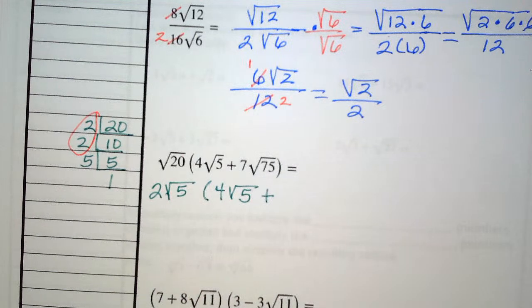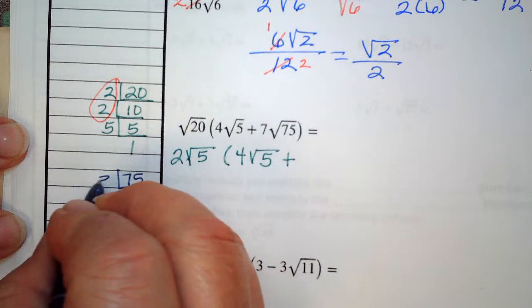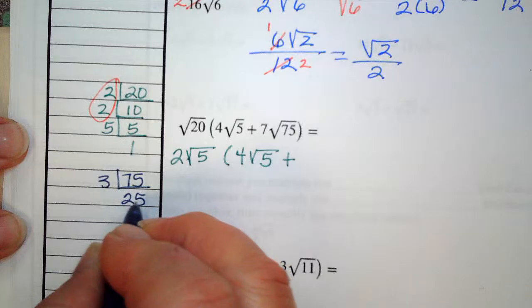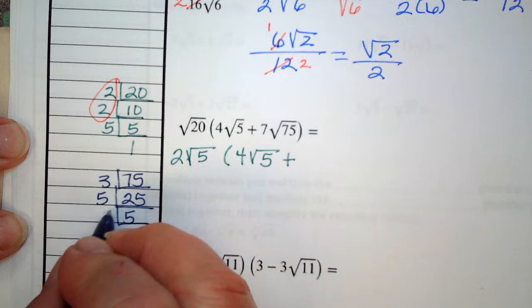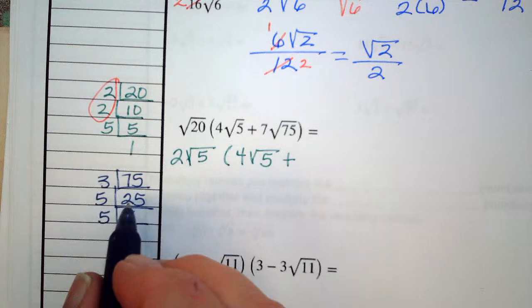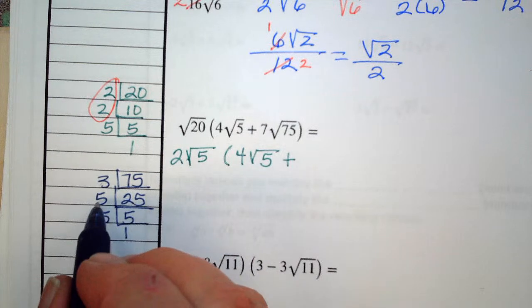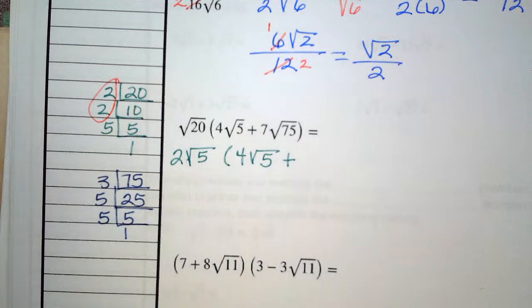Okay, what about the square root of 75? If I'm looking at 75, I can divide it by 3, I get 25. Divide it by 5, I get 5. Divided by 5, I get 1. 75 divided by 3 gives me 25. 25 divided by 5 gives me 5. 5 is prime. 5 divided by 5 is 1.